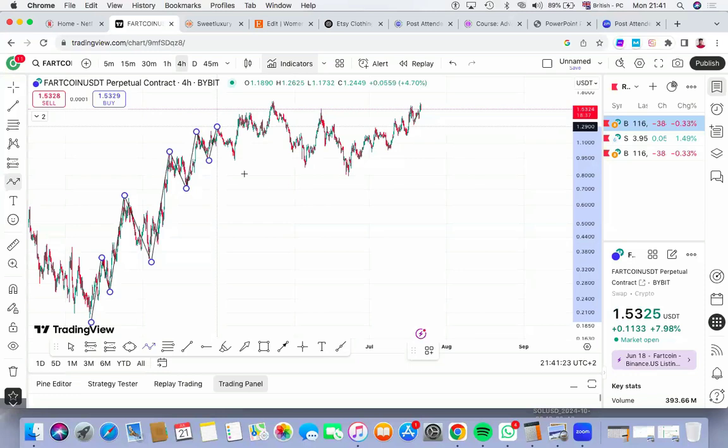I also see from here that there was a change here. And we have the market creating higher highs and higher lows.